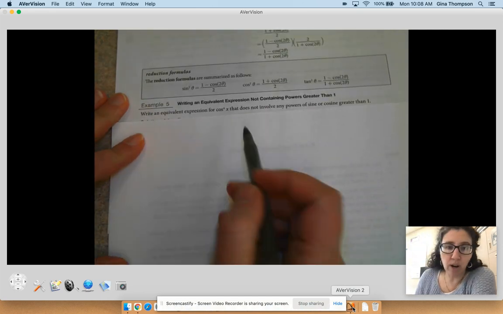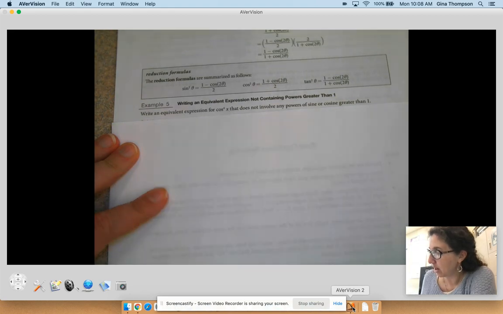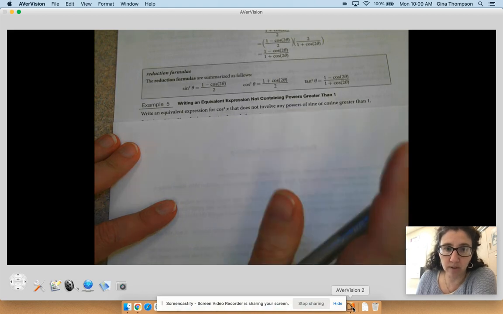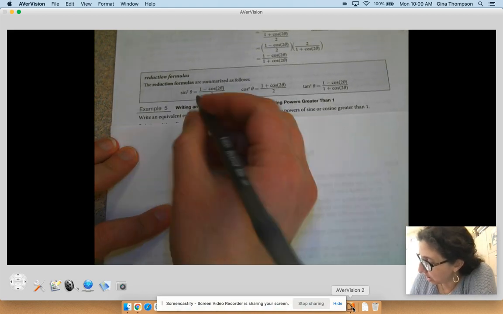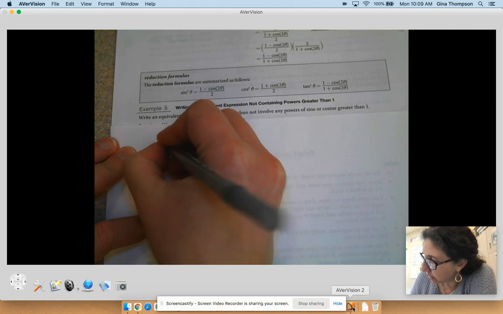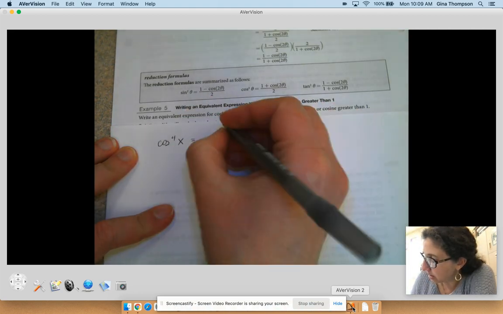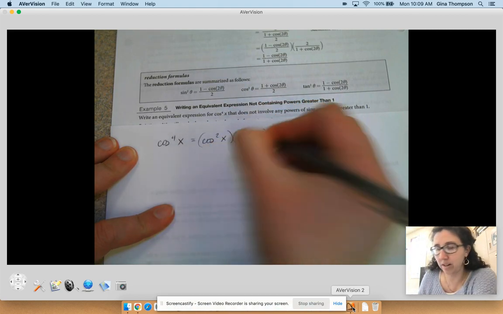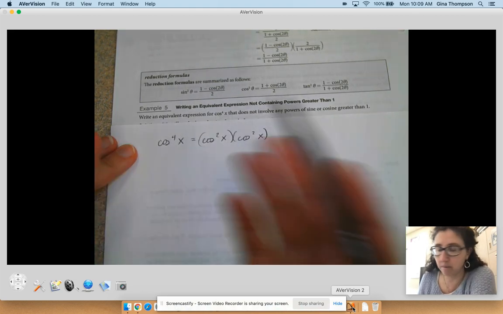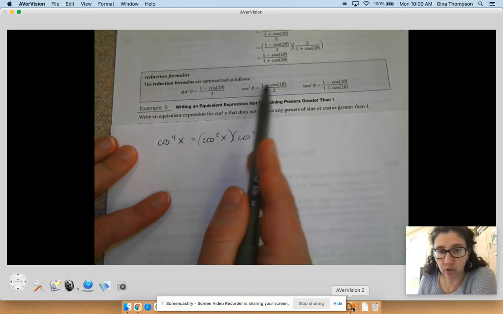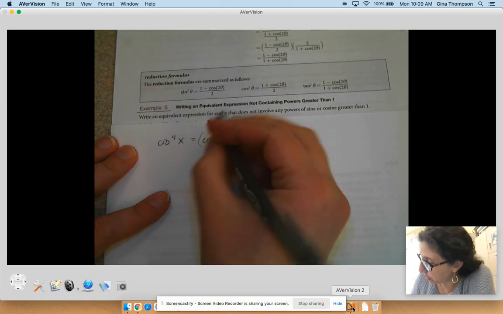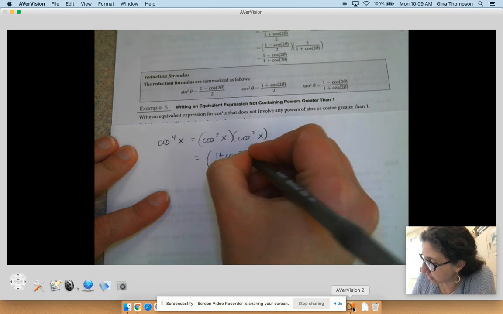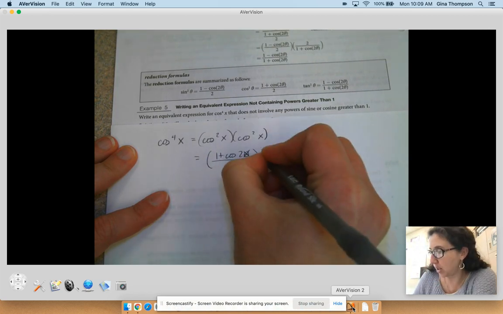Write an equivalent expression for cosine to the fourth of x that does not involve any powers of sine or cosine greater than 1. So we don't want any exponents. Cosine to the fourth of x is cosine squared of x times cosine squared of x, or cosine squared of x, squared. I have this power reduction formula right here, so it's 1 plus cosine of 2x all over 2, and this whole thing squared.